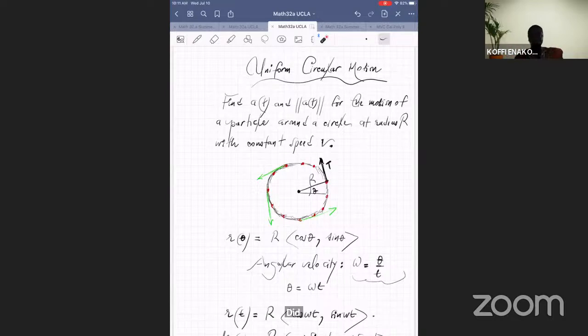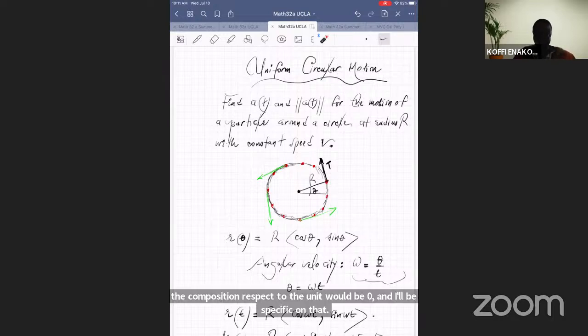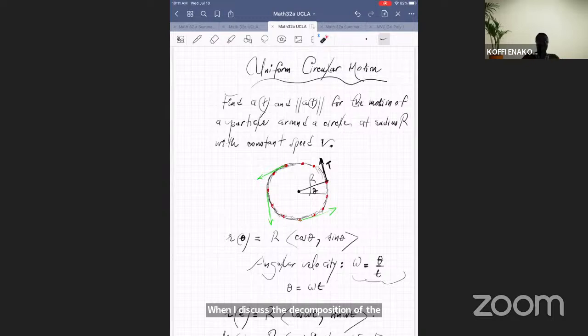I'll be specific on that when I discuss the decomposition of the acceleration vector. But my point here is, if you take a motion on a trajectory that is not rectilinear, and you have a constant speed, then your acceleration is not necessarily equal to 0.